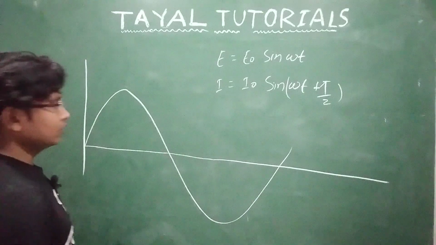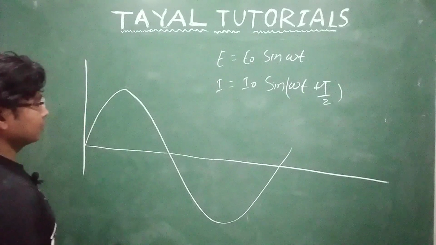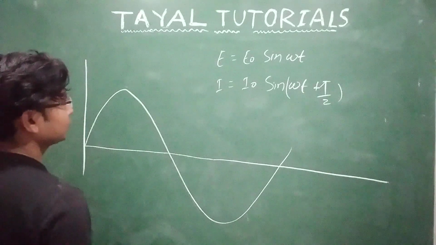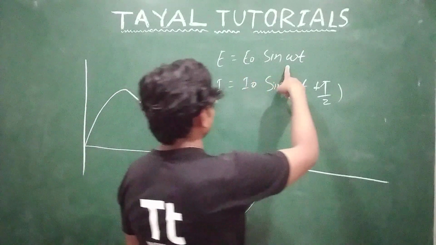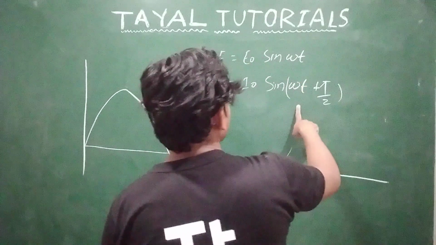Now I want to get your I. So E is equal to E naught sin omega t, I is equal to I naught sin omega t plus pi by 2.